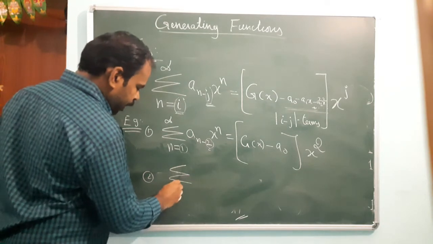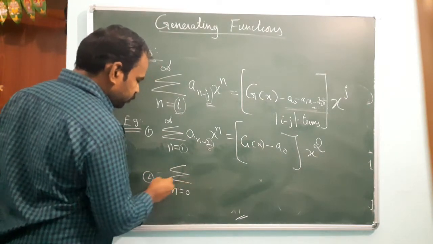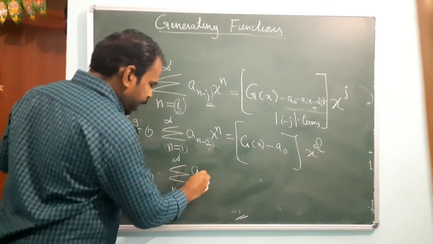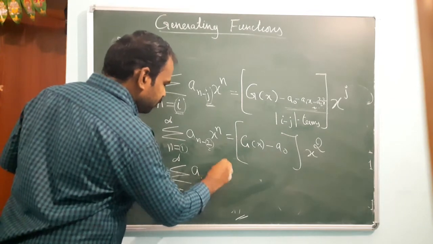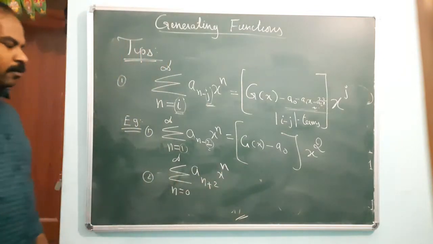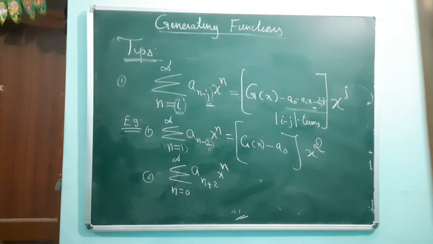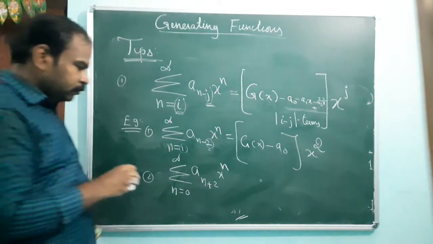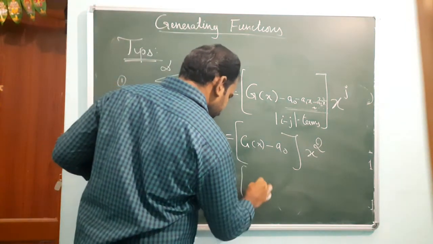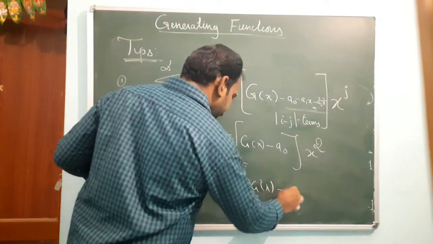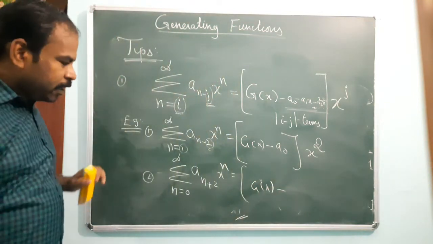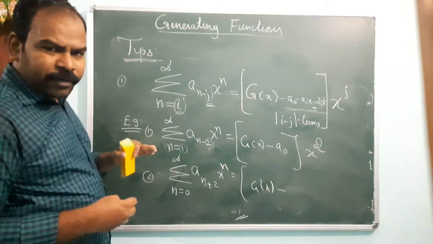Suppose summation n equal to 0 to infinity a n plus 2 x power n. So g of x minus, how many terms do we want to subtract?